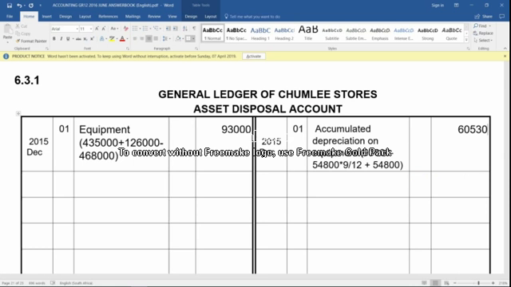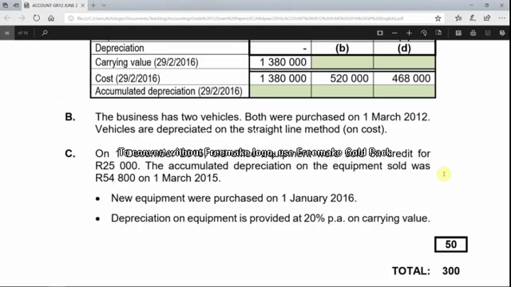Okay, so we got rid of the costs, we got rid of the accumulated depreciation. Now the only thing left is to look at the consideration. If we go back to the question, it was sold for 25,000 rand, and it was on credit. Therefore debtors control is the account that will come into the equation.